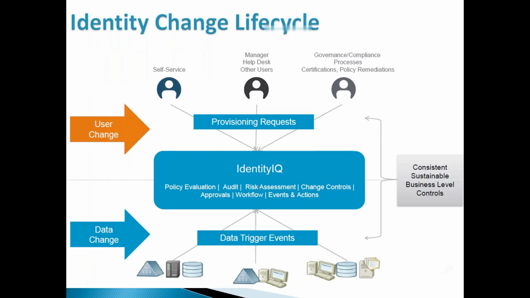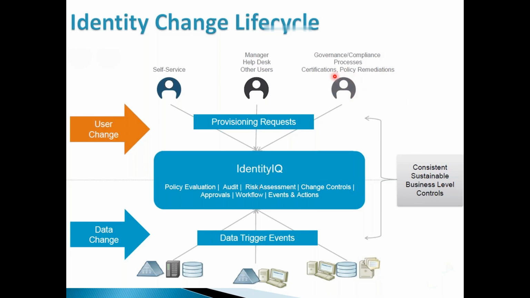So first is the identity change lifecycle. How exactly will the identity change? There are two ways. First is user change, where a user will go and raise the request. Either it could be a self-service request by a user, or a manager or help desk or some other user will take an action for that particular user, or a governance or compliance process like certification and policy remediation. That again requires one user action or user intervention.